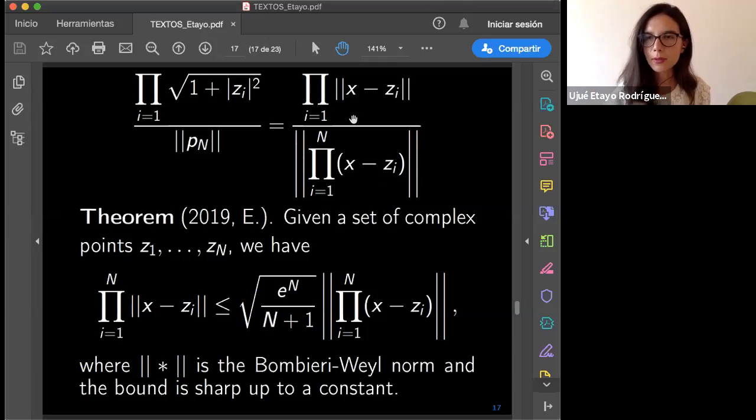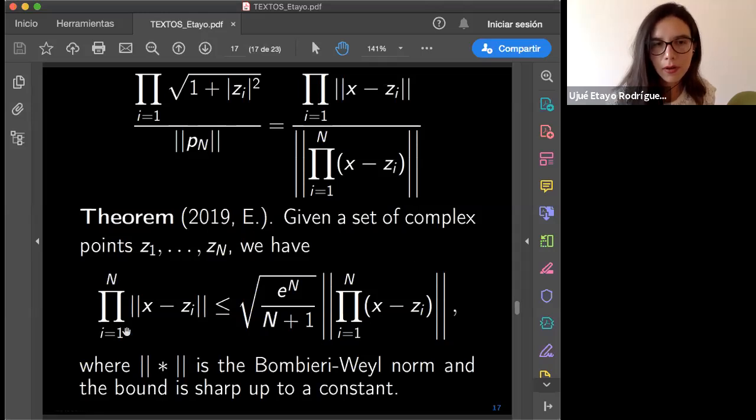Working with the previous formula and with the known results for the logarithmic energy and for the condition number, we were able to bound this quotient in the following way.